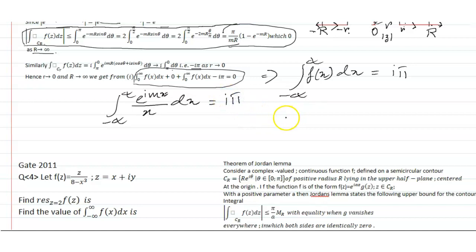And e to the power i m x can be written this way: the integral from minus infinity to infinity of cos mx plus i sin mx by x is equal to i pi.